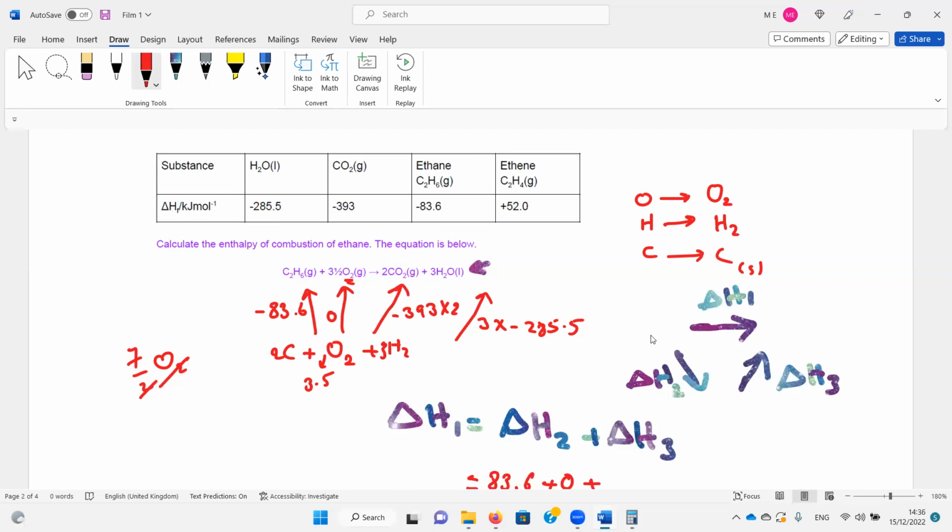And as you can see, both of these arrows are in the same direction as delta H3. So here you have minus 393 times 2. If you want to put it in a big bracket, plus another one, which is 3 times minus 285.5, close bracket.